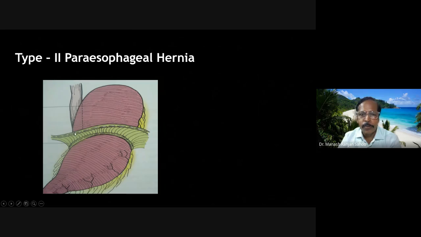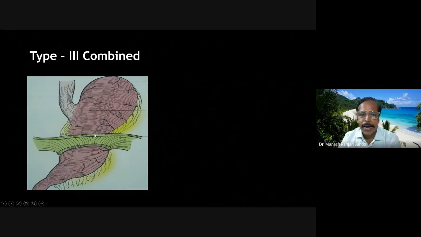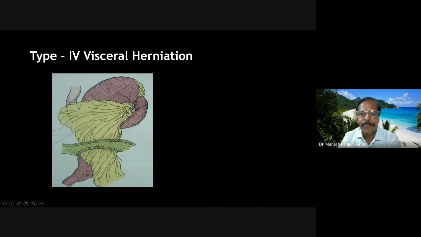The GE junction is almost at the normal position, but the stomach has gone in. Type 3 is a combined sliding and paraesophageal, and type 4 is a visceral herniation. You can have the spleen there, you can have the colon there, you can have the stomach there. So this is the type 4 hernia. Most of the important organs you can find in the chest.